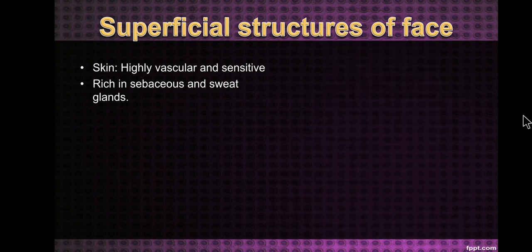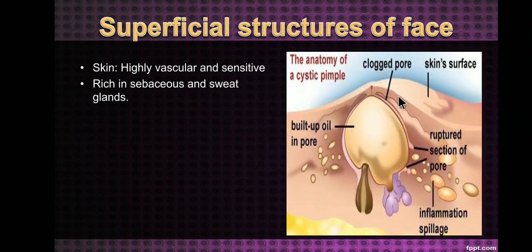Now what happens is, if the secretions build up because of clogged pores, when the pores are obstructed, naturally the secretions can build up inside, which leads to what we call a pimple or acne.